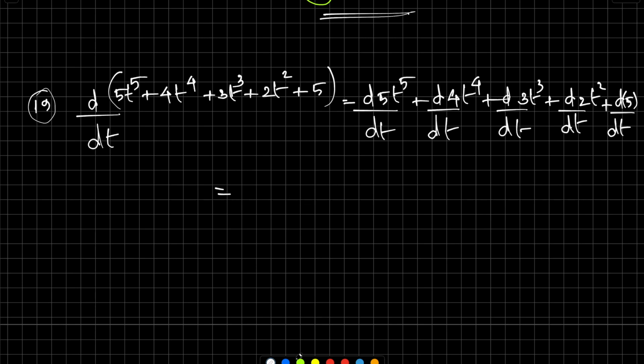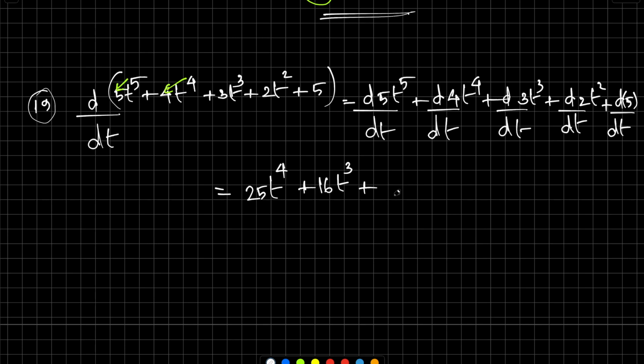Okay, so the shortcut is multiply the power with the coefficient. So 5 times 5 is 25. t to the power of, reduce the power, 5 minus 1 is 4. 25t to the power of 4. Plus the second one, multiply 4 and 4. 4 times 4, 16. 16t to the power of, reduce the power, 4 minus 1 is 3.